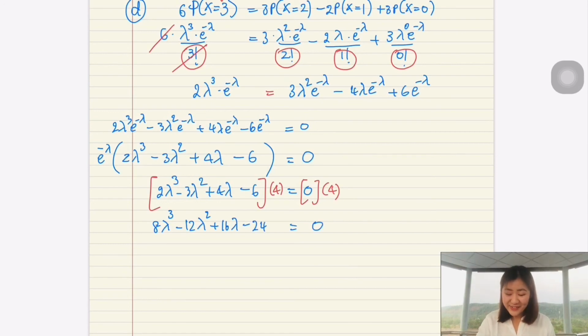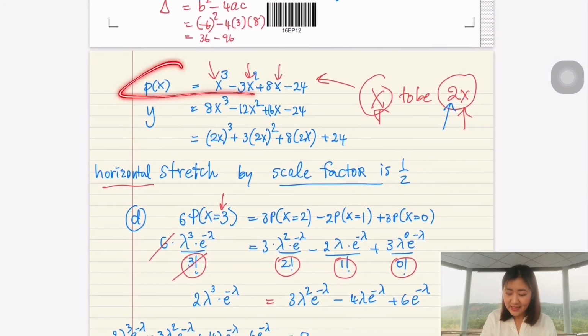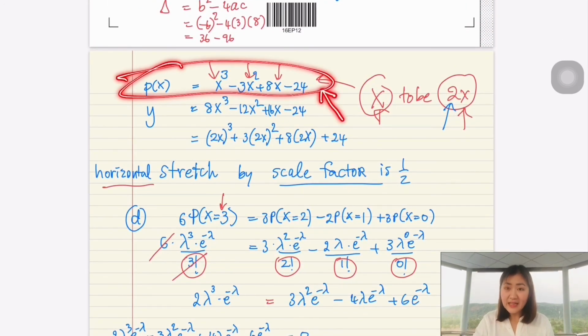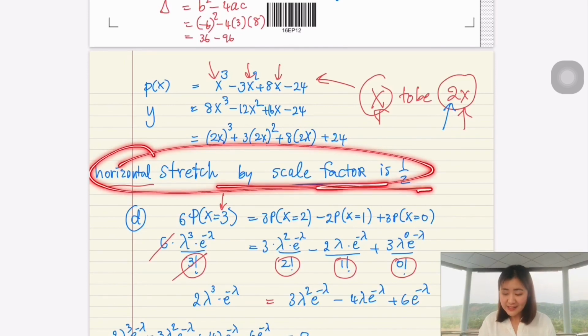And how can we solve this one? This one is the transformation of p(x), right? This is your p(x). Your p(x) has only one root, which is x equals 3, right? And this transformation is horizontal stretch by this scale factor.